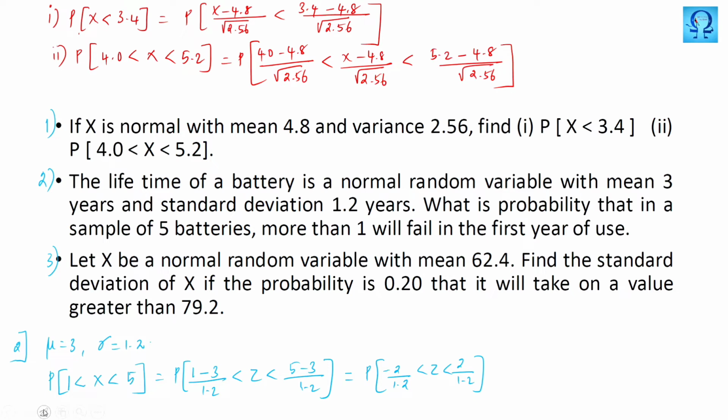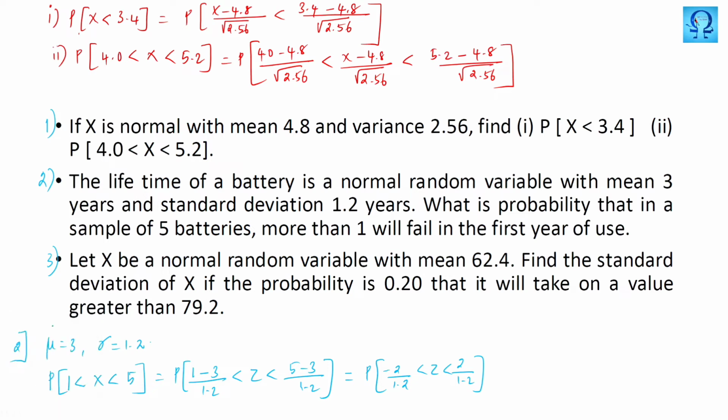Now coming to the third problem. x is given to be a normal random variable with mean 62.4. Find the standard deviation of x if the probability is 0.20 that it will take on a value greater than 79.2.